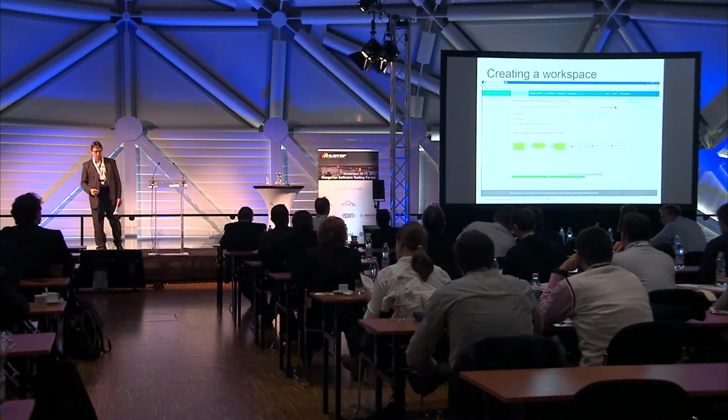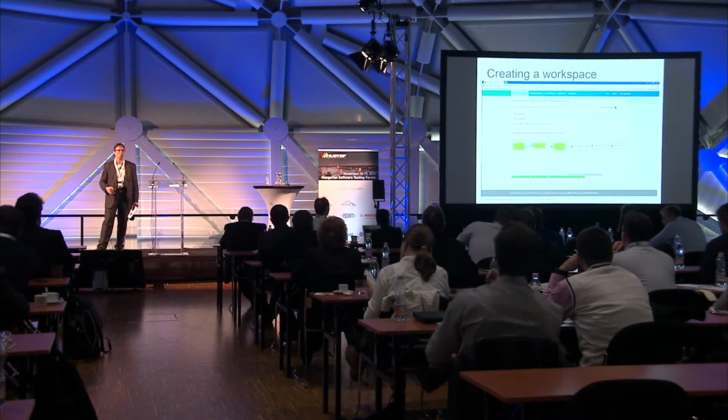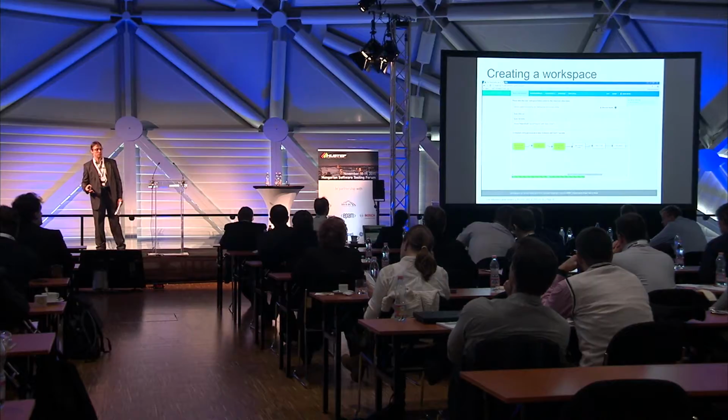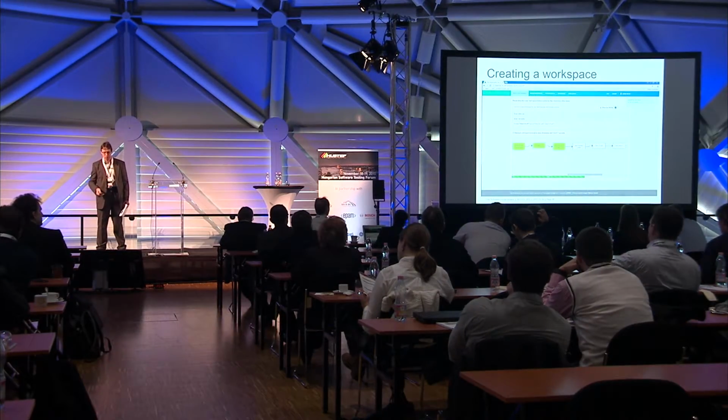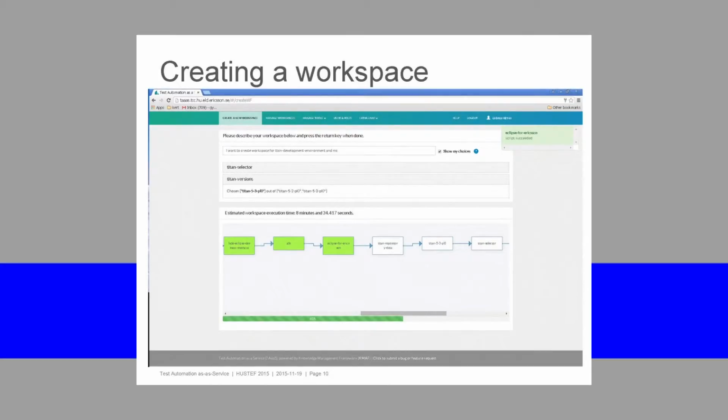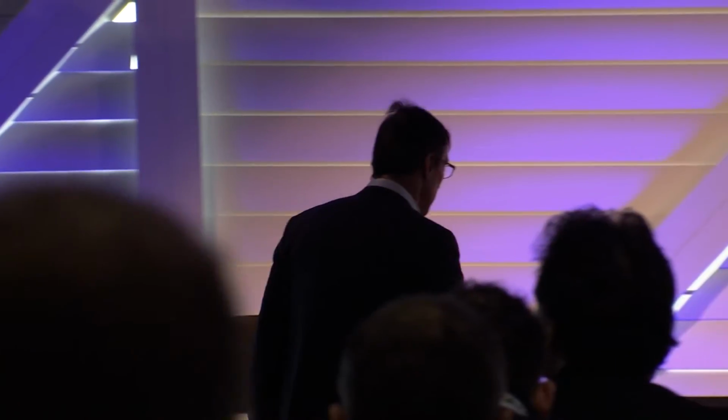Okay, let us look at what the user can see and how the user can use the system. Here, now I have to leave the stage a little bit. On the top, you can see a small textual box. This is the only information that the tester or the user of the system needs to give about what he actually wants.